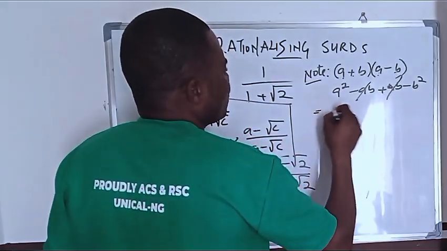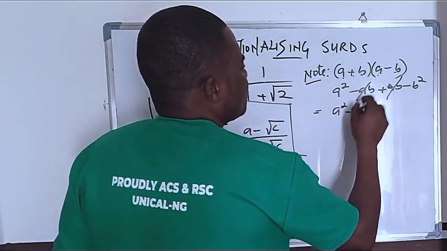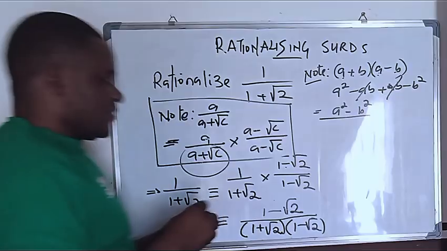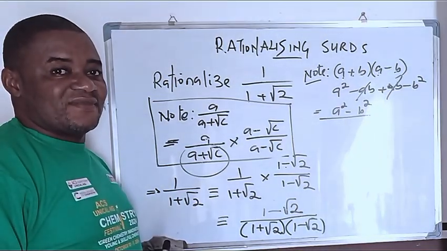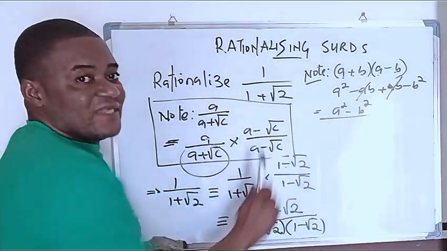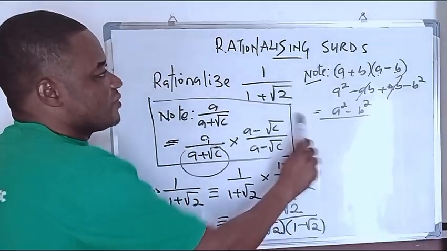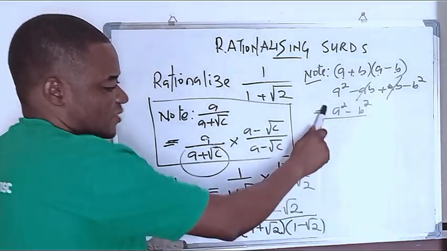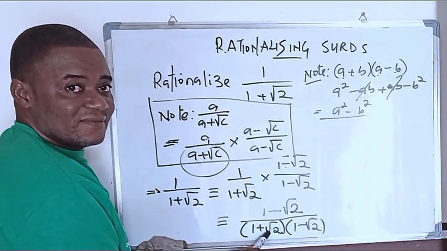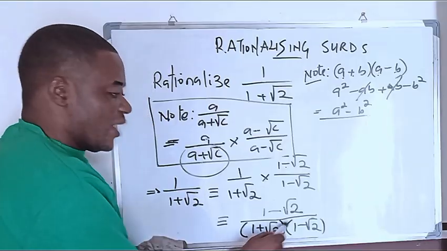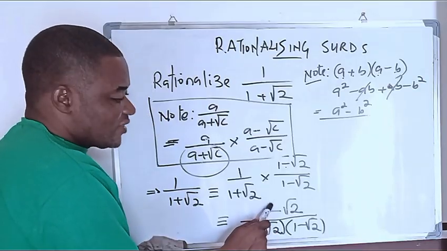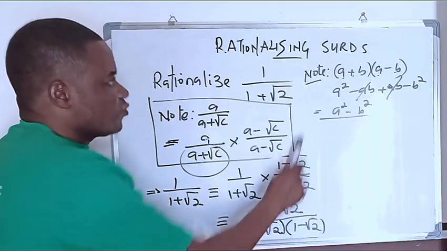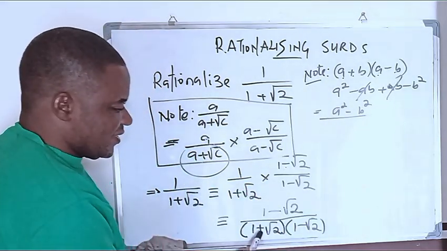So what you now have will be a squared minus b squared. This is how you expand. Now, if we understand this, we are going to deploy this process in solving this. We are looking at the denominator now and not the numerator.